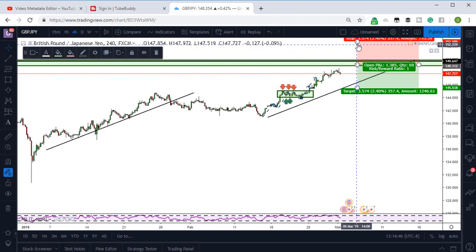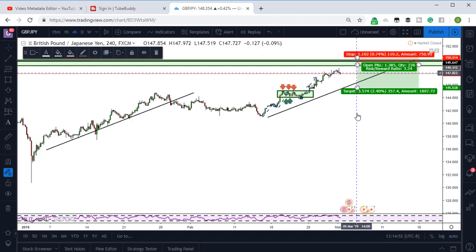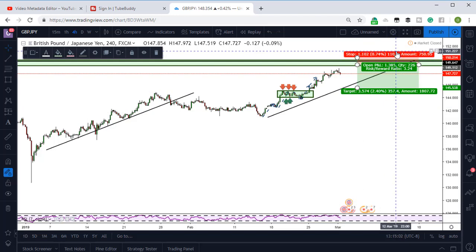Stop loss. I prefer to put my stop loss just a couple of pips above this kill zone. Around what level is this? 151227. Now of course this is not exactly how I put on my stops, but just around those areas is where you could be focusing.